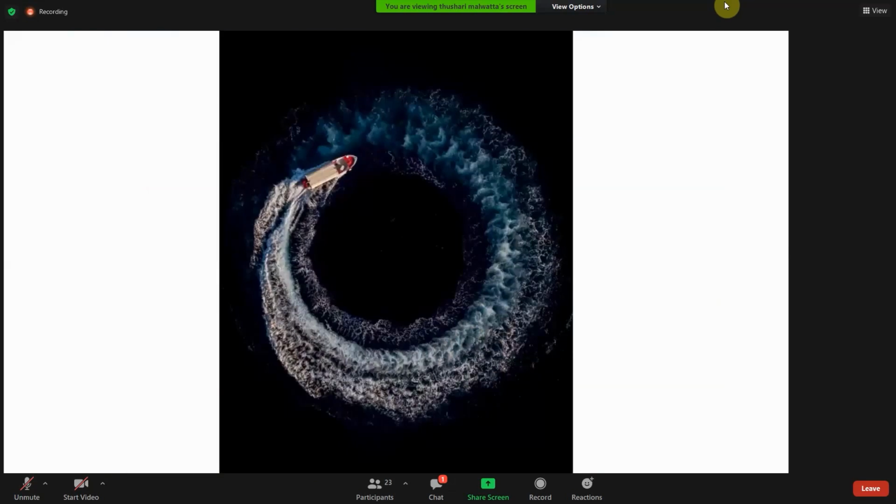Here, how it creates the movement of the eye. It's like we are also drawing a circle with our eyes along with the ball.